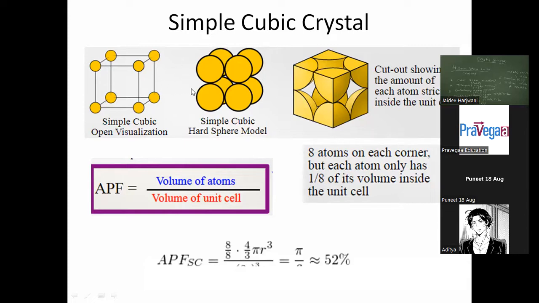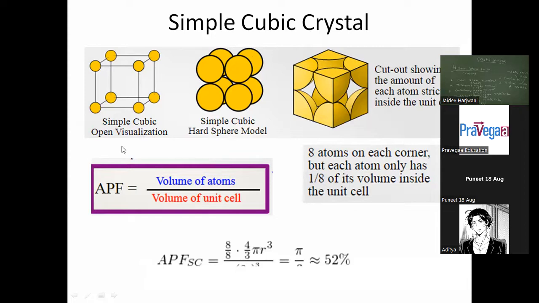This point is clear? Yes. So only 1/8 part of this atom is coming inside this unit cell. So there are 8 atoms, so effectively there is only 1 atom.